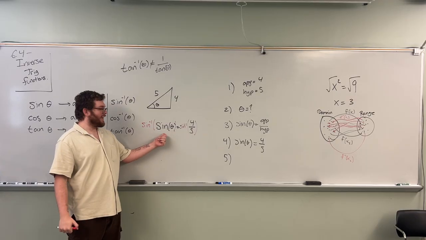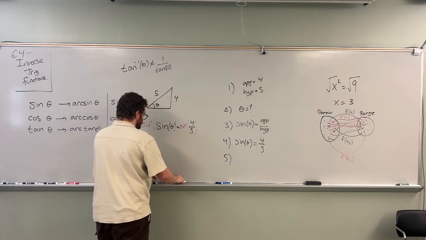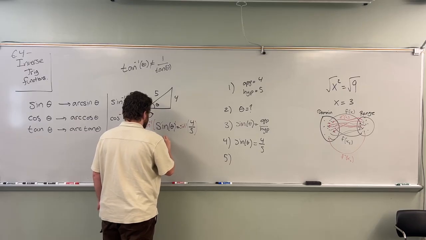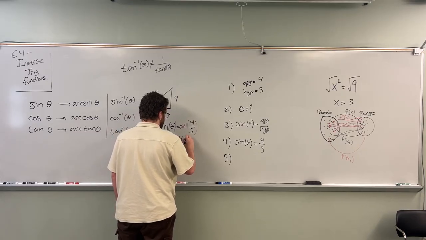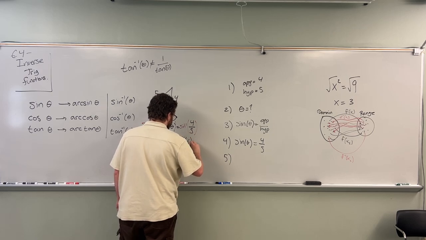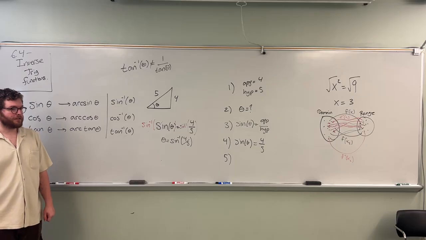So the sine cancels out the inverse sine. I'm left with just theta. I have that theta is equal to the inverse sine of 4 over 5. And then that's something that you can punch into your calculator.